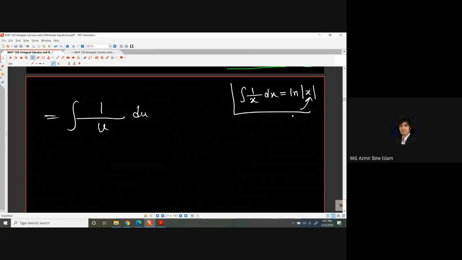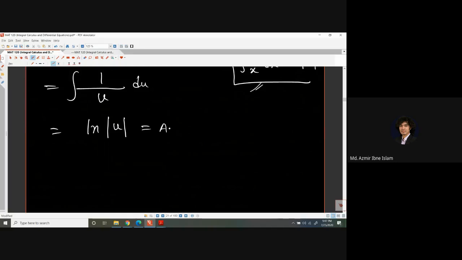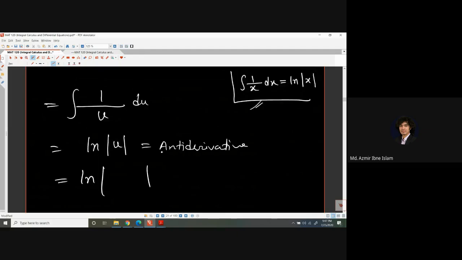Okay, so let's try to solve this one. Integration of 1 over u du goes with this formula, so we can easily write this as natural log of modulus u, ln modulus u. Okay, this is our antiderivative, but don't forget that we still have one task left, that is we need to get back to x again.